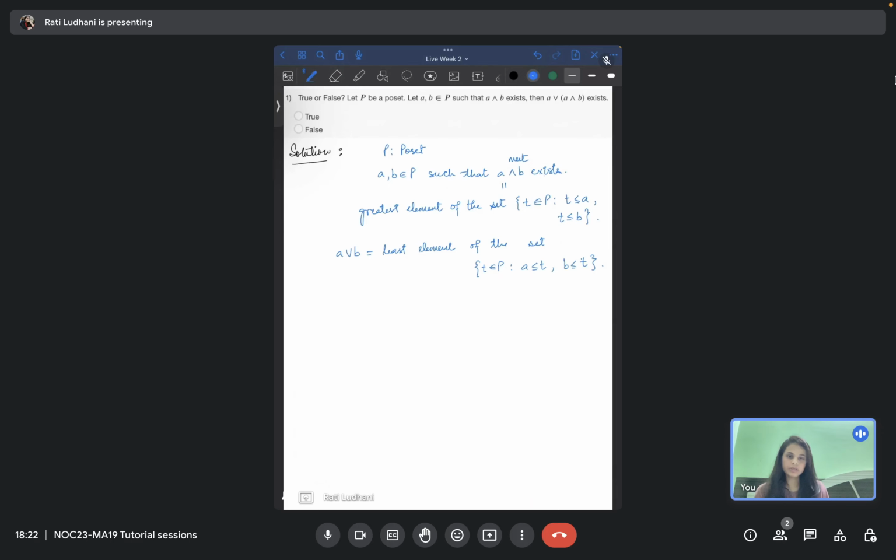What I mean by numbers is, when we take Dn, the poset with the divisibility rule, there this is just GCD and this is LCM. Okay, so right now we are in a general setting.